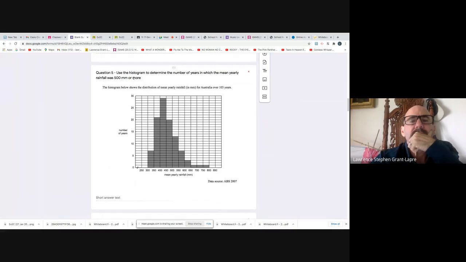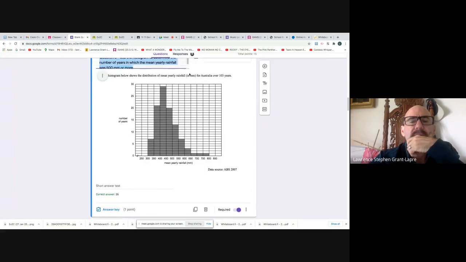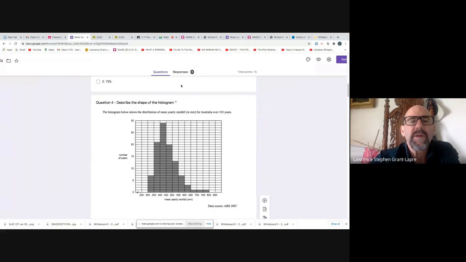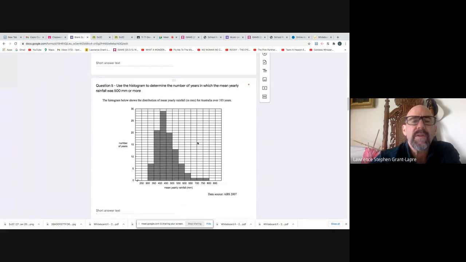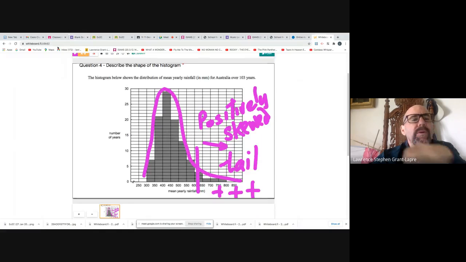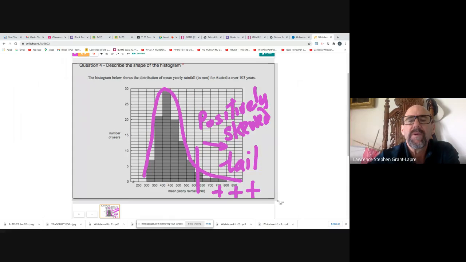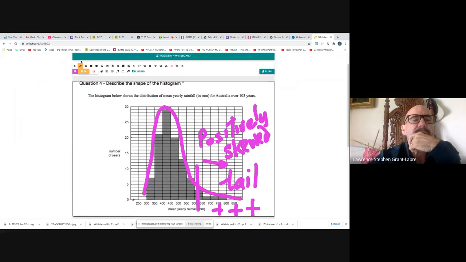Use the histogram to determine the number of years which the mean yearly rainfall was 500 millimeters or more.